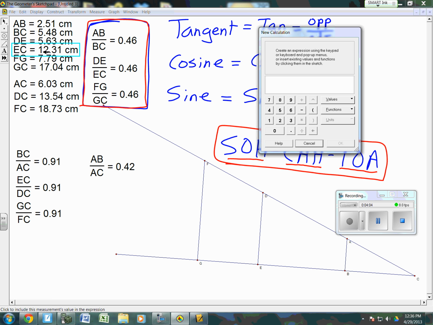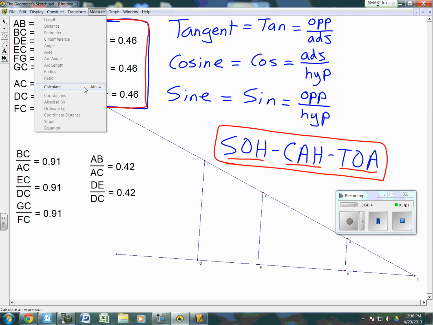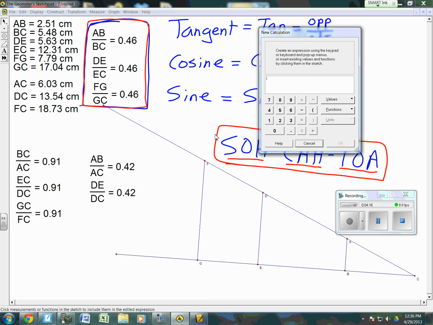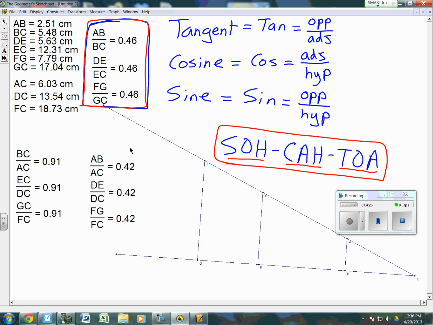DE divided by DC. And the last one, it would be FG, did you say? FG divided by FC, right? And these are all the sines, right?